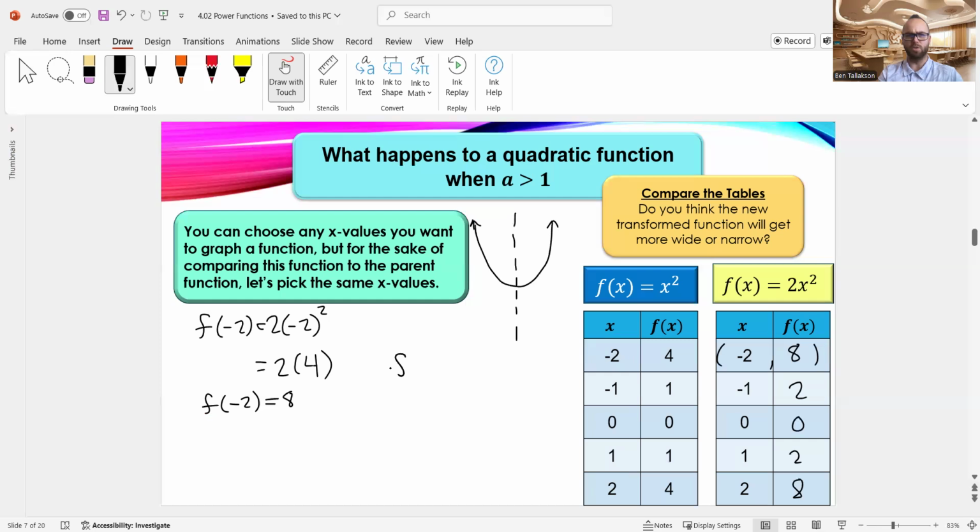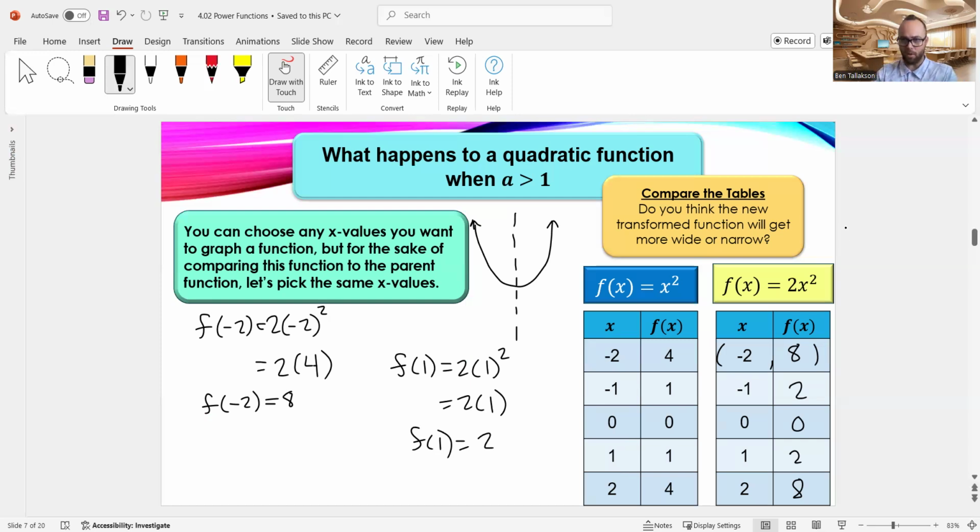I'm going to just show work for 1. Let's say f of positive 1, 2 times 1, you get 2 times 1 again. So when x is 1, y is 2. Now, to find all the values, you would continue to substitute in every point, but I think you get the idea, and we have the answers there so you can check your work.